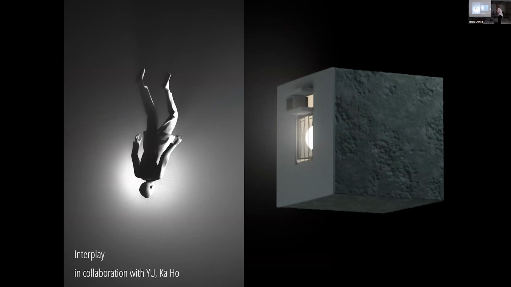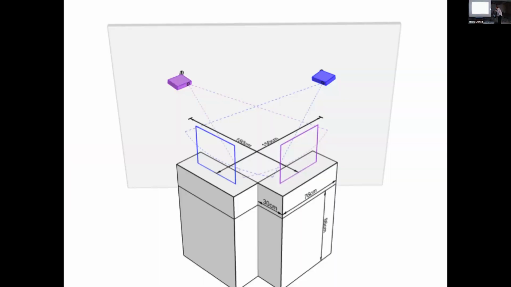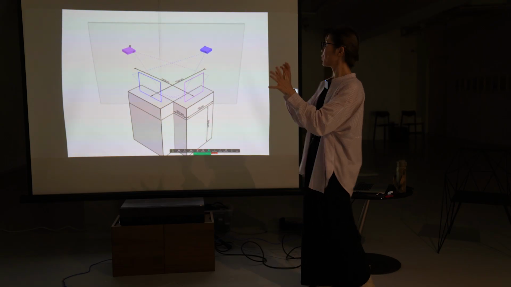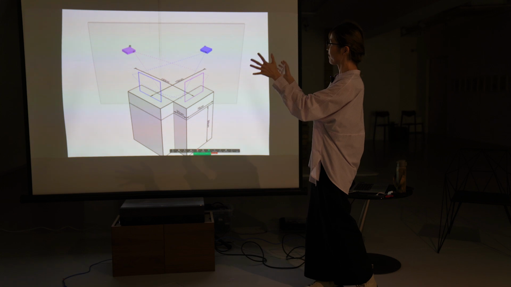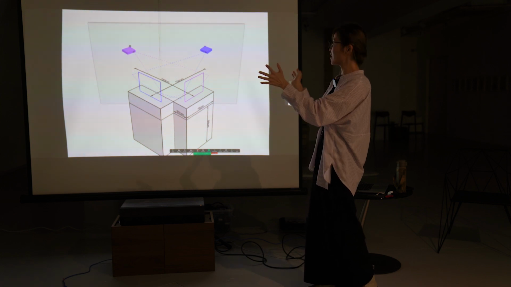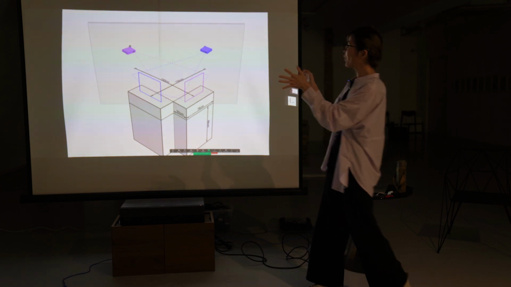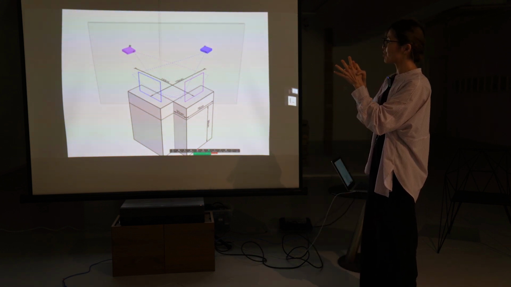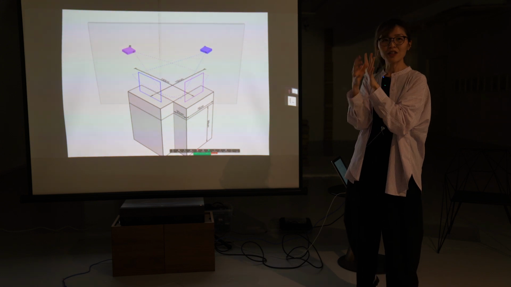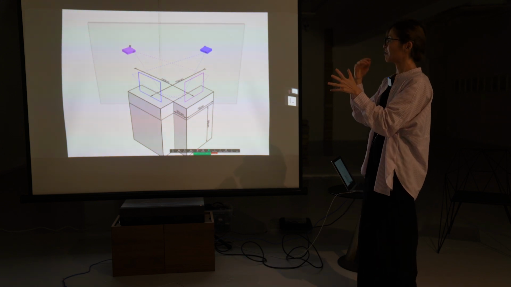So this one, also in collaboration with Kowloon, was a 2-channel animation where we set up not a volumetric one, but 2 flat fog screens in an orthogonal, 90-degree setting. So why are we doing that? Because we want to explore the narrative strategy of using fog.